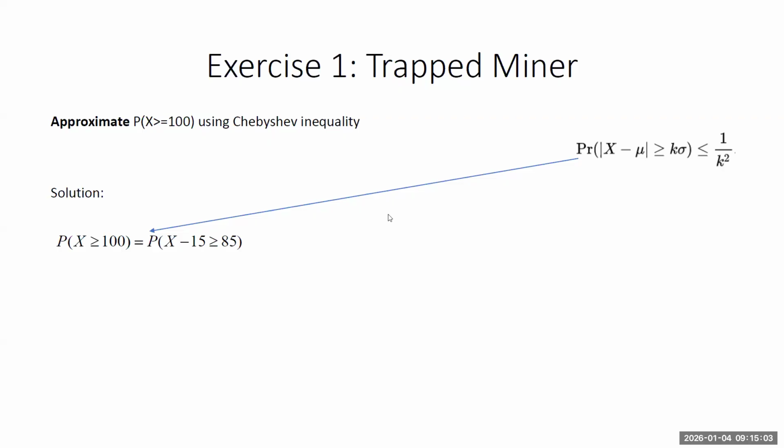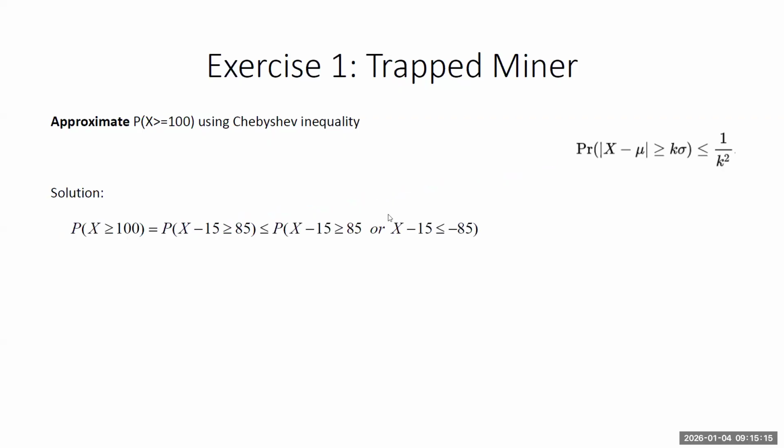Okay, now what do we want to do? We want to put in the absolute value. We can do it, but we need to pay. The probability that X minus 15 is greater or equal to 85 is less or equal to the probability that X minus 15 is greater or equal to 85 or the second side, X minus 15 less or equal to minus 85. Why is this inequality correct?